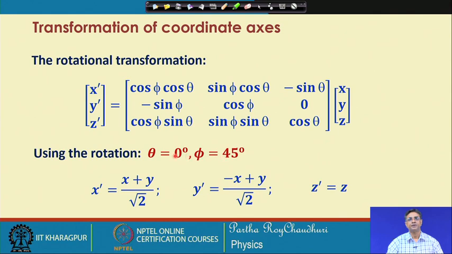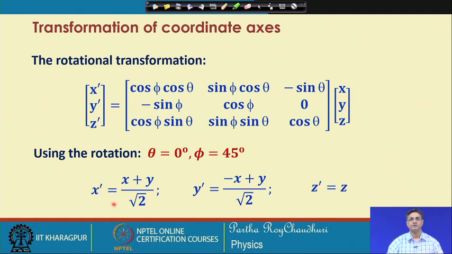So, then theta equal to 0, phi equal to 45 degree, we can reduce this equation to x prime equal to (x plus y) by root 2, y prime equal to (minus x plus y) by root 2 and z prime equal to z.